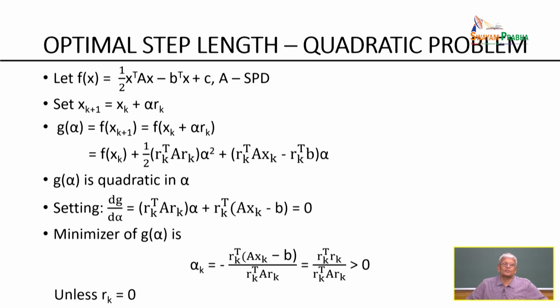So what is the optimal step length? That is what I am now going to be deriving. I am deriving everything. Nothing is taken for granted. So I have the objective function. I have xk plus 1 is equal to xk plus alpha rk. I have now g of alpha is equal to f of xk plus 1.